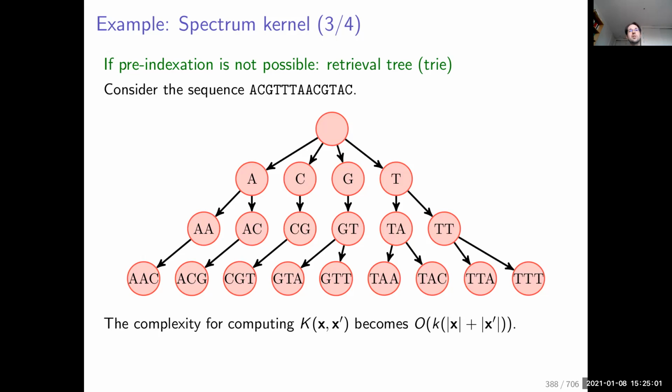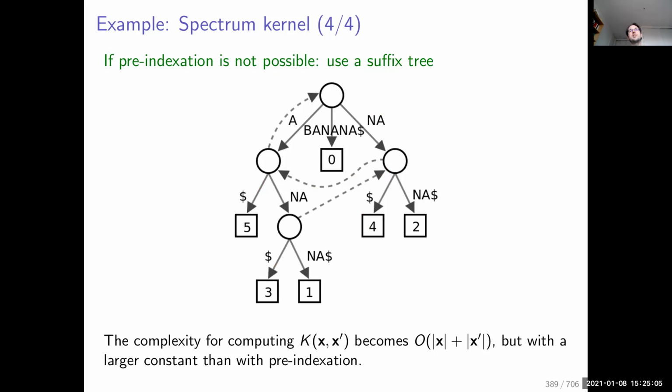Let us keep that for the interactive session. Something I will skip is that there are also more clever data structures that are a bit more complicated to present. It's called the suffix tree, which gives a better complexity, the same as pre-indexation, but with a much larger constant hidden in this big O notation. But I don't want to spend time on that.